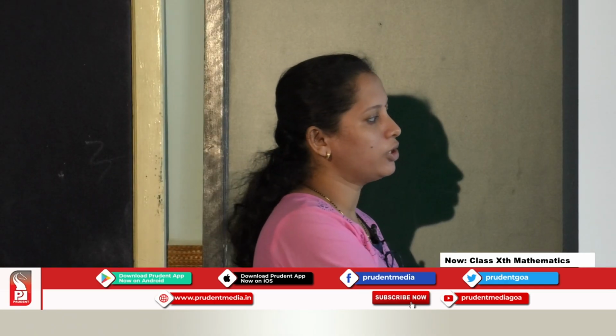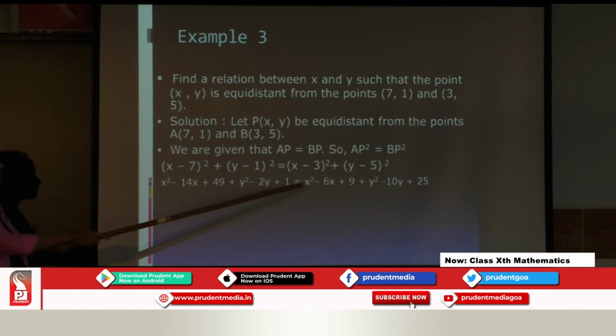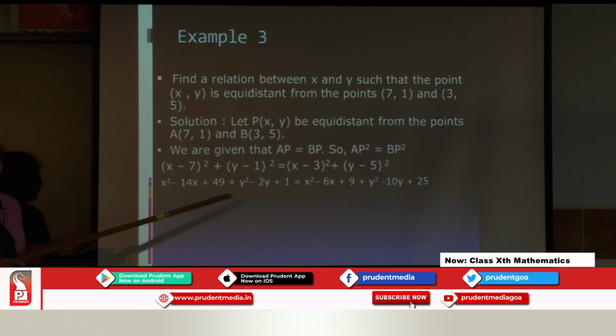So we have to bring together all the like terms, that is x square, this x square we have to bring together, then 14x, then 6x we have to bring together, then y square and this y square we have to bring together, and also the numbers together.